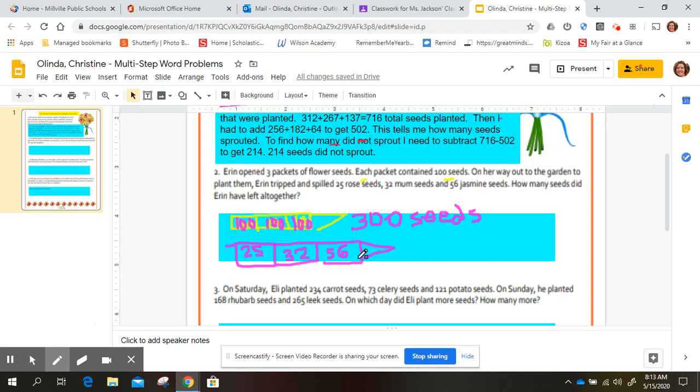So to find the total number that she spilled, I need to add 25 plus 32 plus 56. So 5 plus 6 is 11, plus 2 is 13. 5 plus 3 is 8, plus 2 is 10, plus 1 is 11. So 113 seeds were spilled.